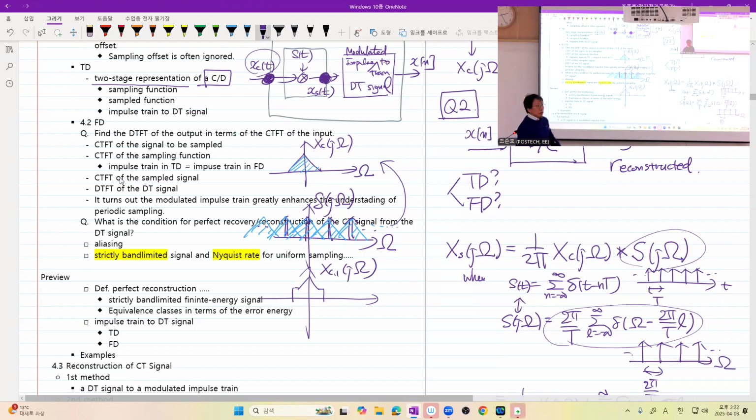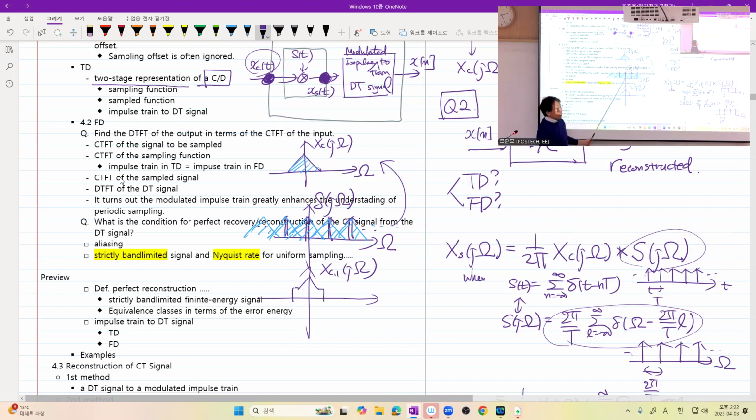When you add them up, you have triangle, flat, triangle, flat, triangle, flat. Suppose these two are convolved with the sampling function, then you have the same spectrum. Do you understand what I mean?